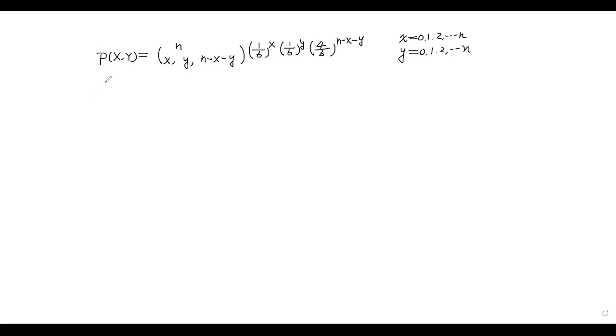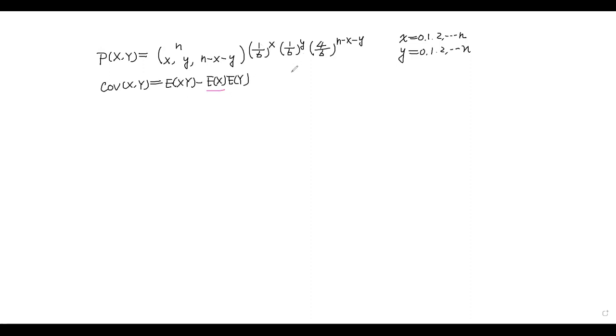The problem asks us to find the covariance of X and Y. In order to find the covariance, we need the expected value of X times Y minus the expected value of X times the expected value of Y. First, let's find the expected value of X. In a previous video, we talked about the marginal distribution of the multinomial, and we know the marginal distribution of X is binomial with n and p equal to 1/6.